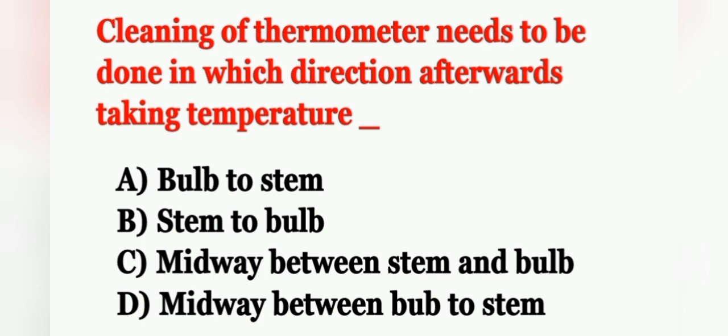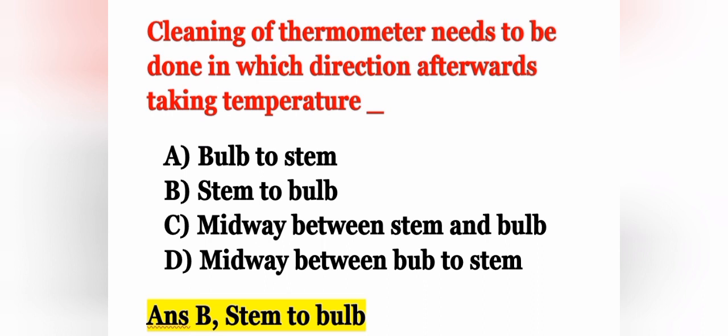After taking temperature, the thermometer should be cleaned from stem to bulb, that is from the more clean area to the less clean area. But before taking temperature, we have to clean the thermometer from bulb to stem. After taking, it is stem to bulb. Before taking, it should be cleaned from bulb to stem.